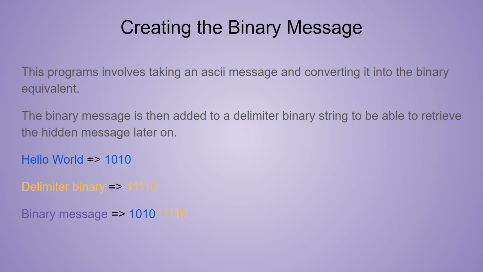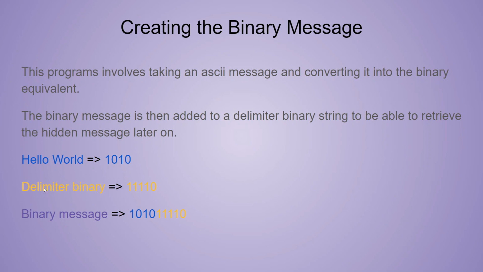This binary message is then added to a delimiter binary string to be able to retrieve the hidden message later on. It might be a lot to take in, but for right now, let's just focus on what's happening here. Let's say I enter hello world, and this is its binary output.